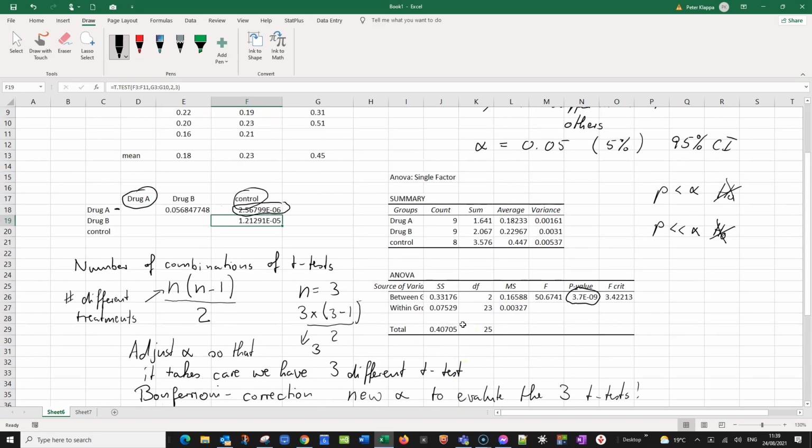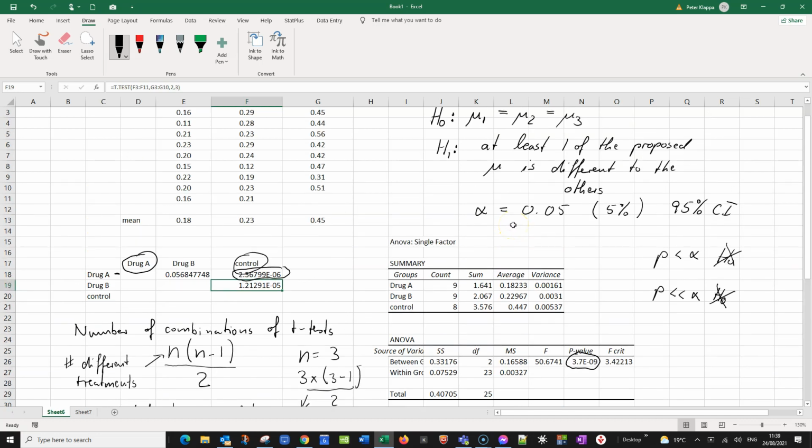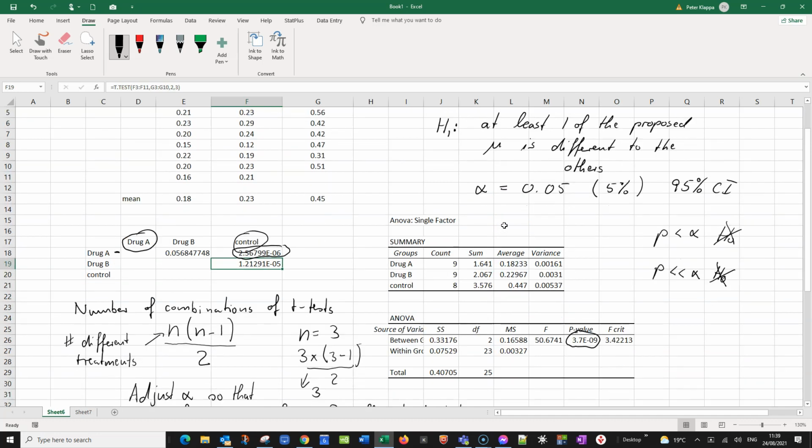And that is basically what this one-way ANOVA, one-factor ANOVA tells us when we do this correction and then carry out the pairwise t-tests, which helps us to identify which one is different. Now, sometimes people don't even bother with the ANOVA because they say, if I have to do the t-tests anyway, I'll just do them, not bother faffing around with the ANOVA.